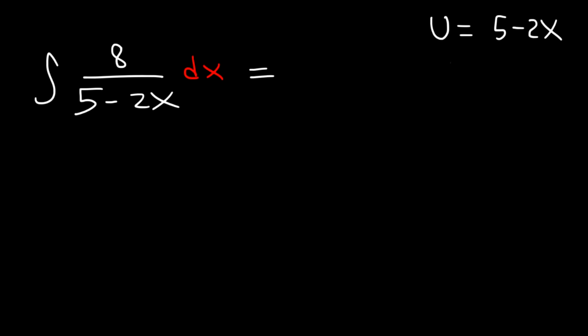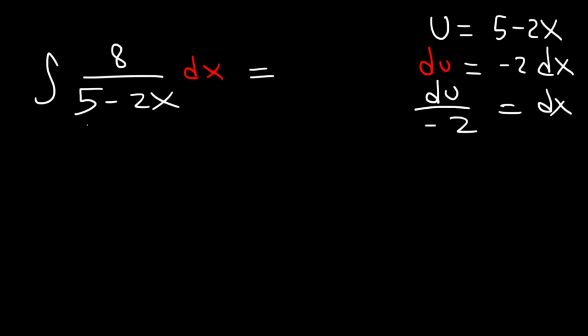So therefore du is the derivative of 5 minus 2x, which is negative 2, times dx. Now solving for dx, it's du over negative 2. So we're going to keep the 8. We're going to replace 5 minus 2x with the u variable, and dx we're going to replace with du divided by negative 2.